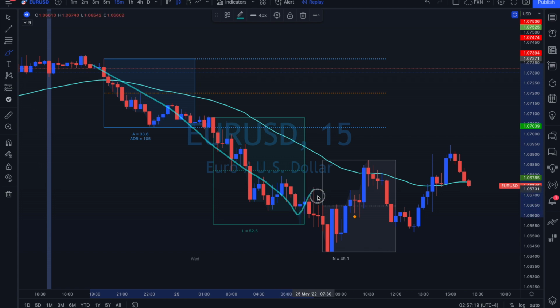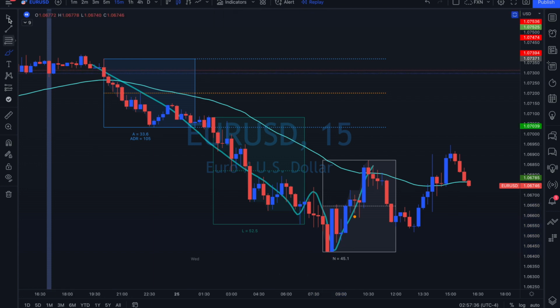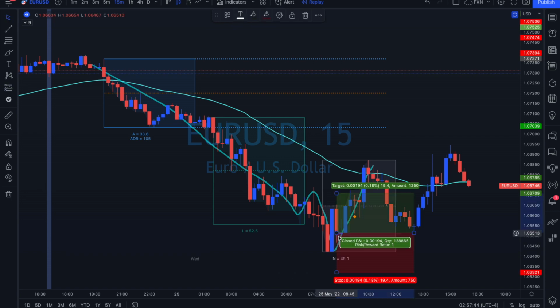So in this example here, we could see that Euro USD came all the way down. We actually ended up getting a second leg here at the opening of the US session. You could see where we get railroad tracks here, right there, and then we get a really nice pullback that we can use as an entry. And of course, because we're in the US session and we're doing a reversal setup, what are we using to take profit? Well, we're using the 50.